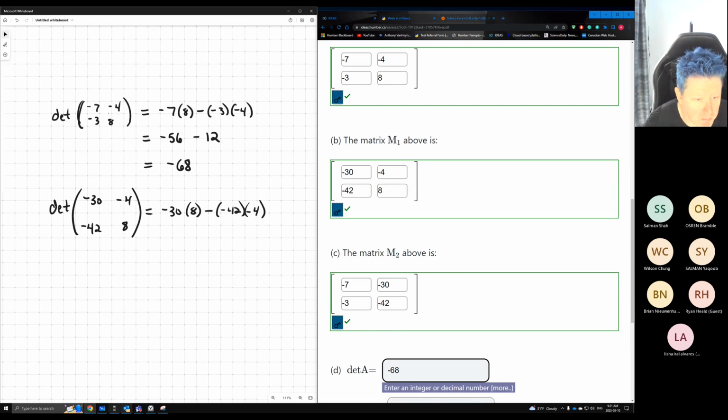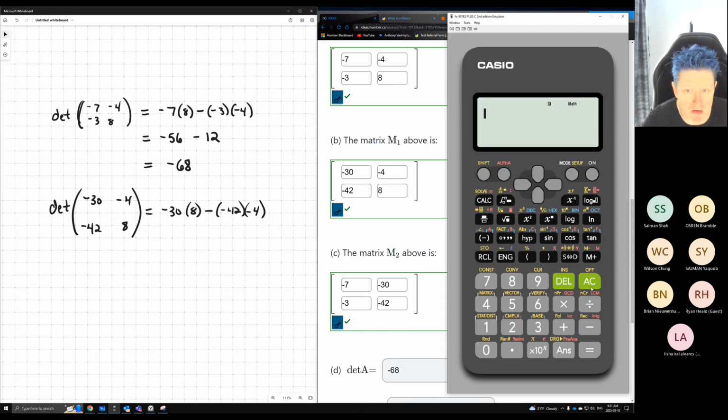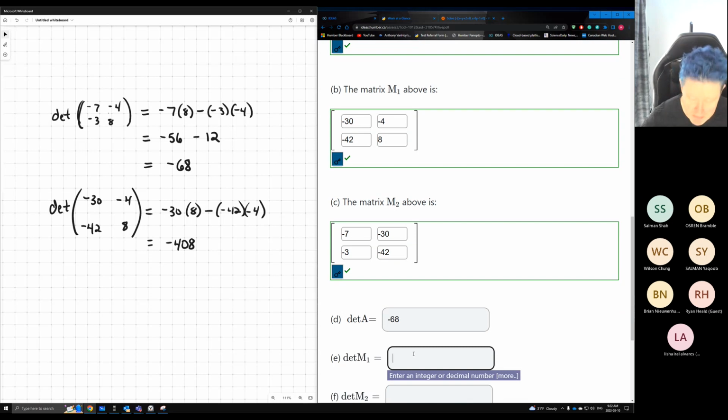So get a calculator out for it. -30 times 8 minus -42 times -4. So -408. Okay, so that's the determinant of M1.